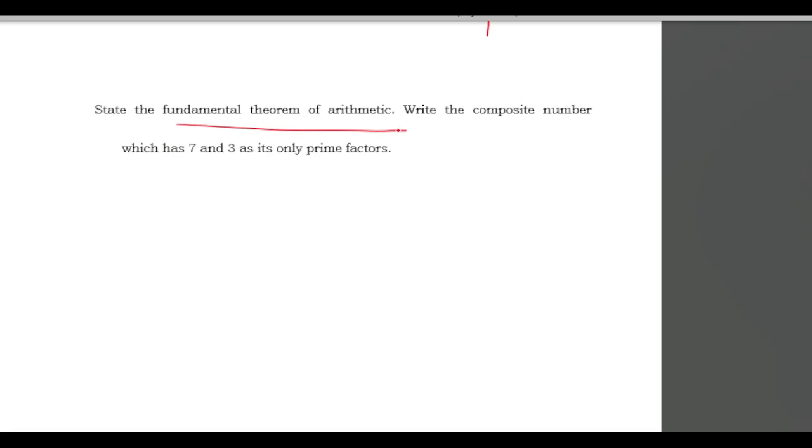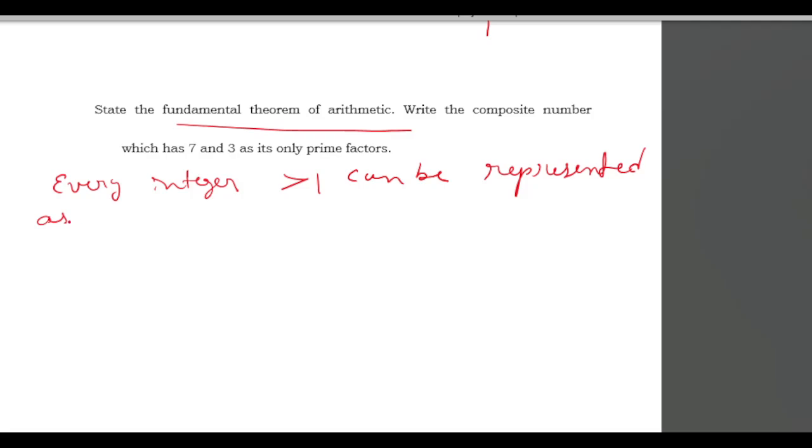State the fundamental theorem of arithmetic. Every integer greater than one can be represented as a product of prime numbers.